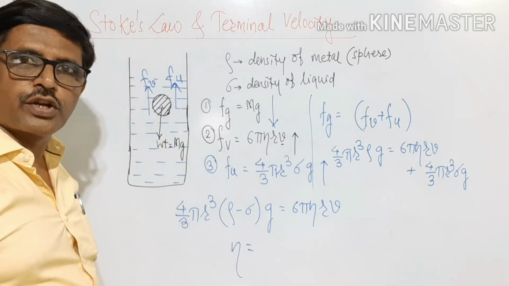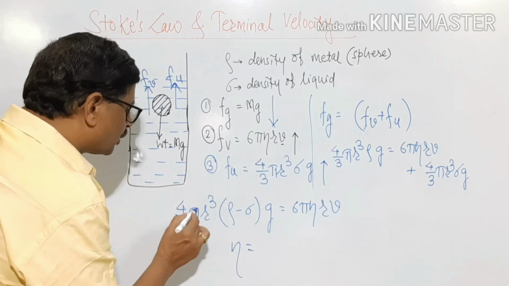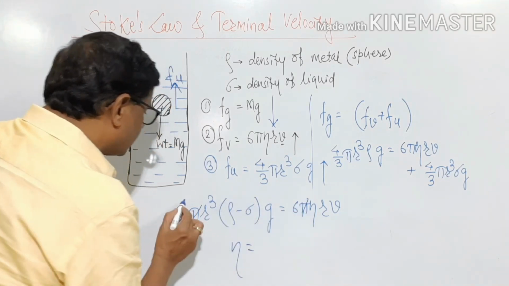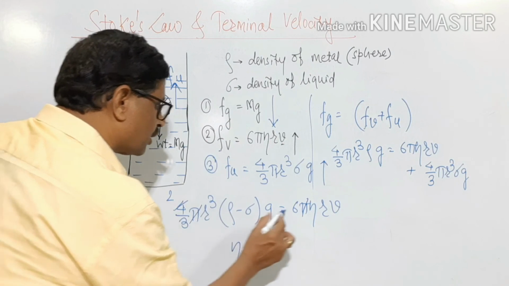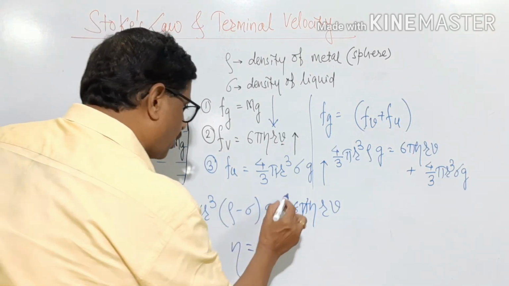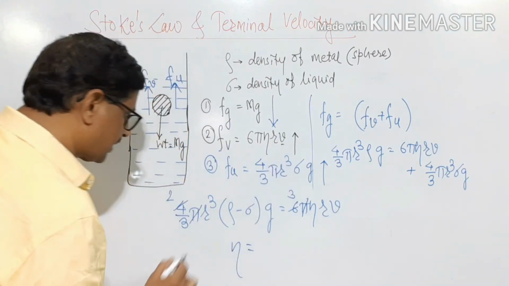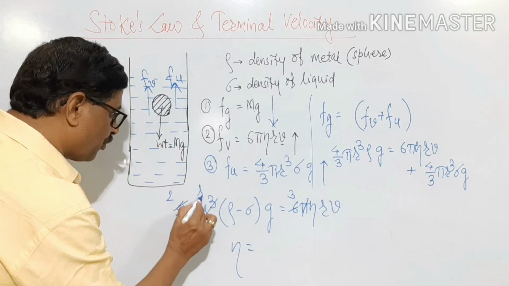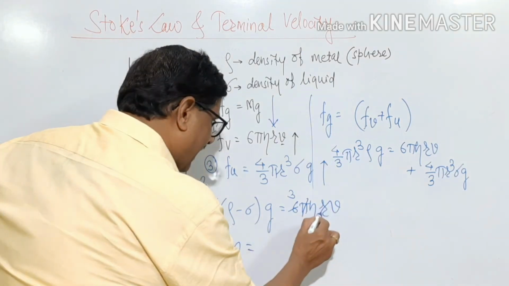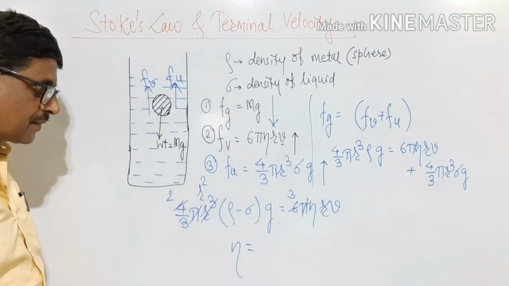for the coefficient of viscosity. Now this pi gets cancelled, this 4 gets cancelled with 6: 2 2s are 4, 2 3s are 6. This r cube will become r square by cancelling 1 r.